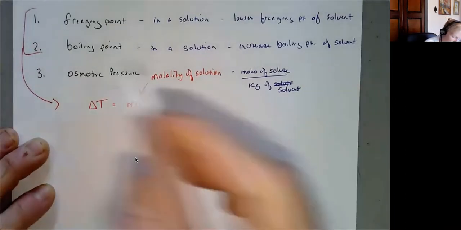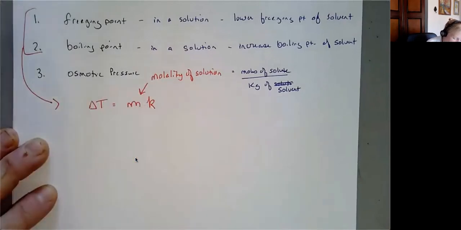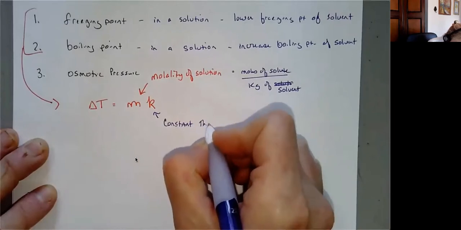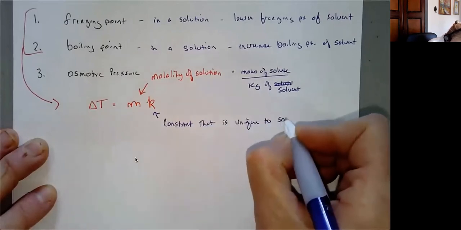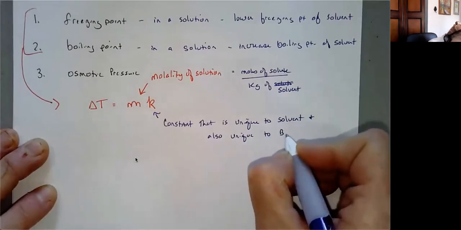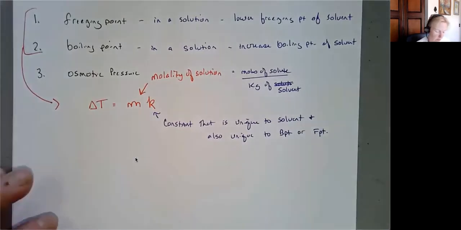And then the final thing is I'm going to have a constant here. This is the constant that deals with the solution. It is unique to the solvent and also unique to boiling point or freezing point, so I'm going to have a different constant for each one.